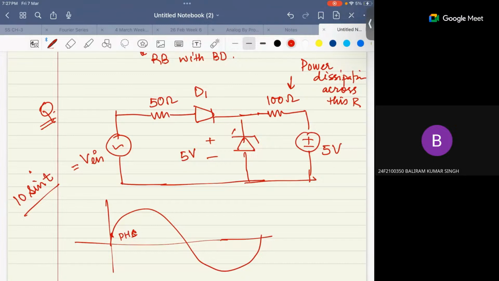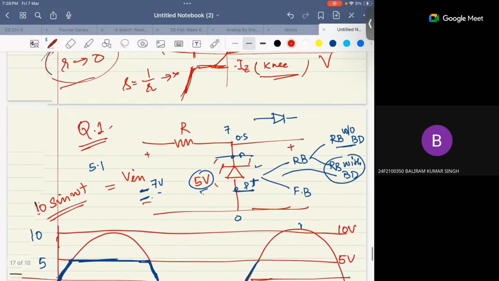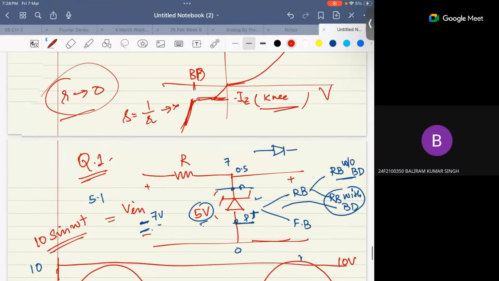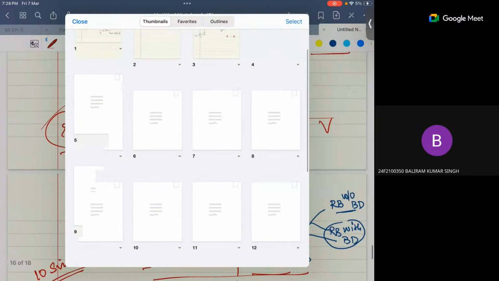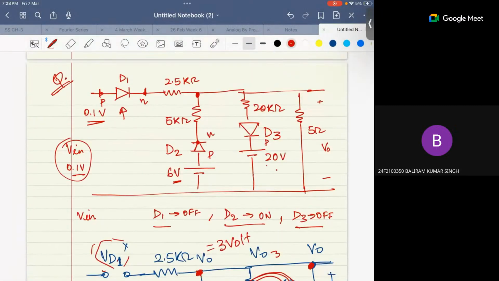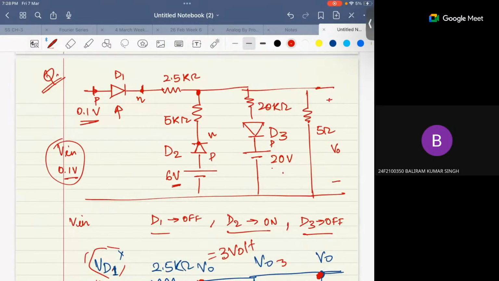See, in the starting, I solved one problem, right? In that problem, how did I assume that D1 was off? I told you at that time that I am taking V input as a very small value.